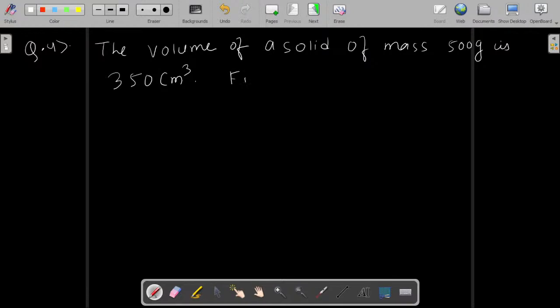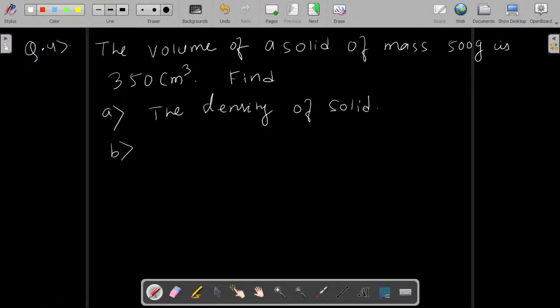Find, first question, the density of solid.